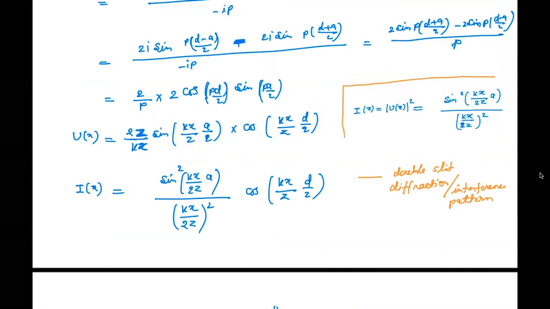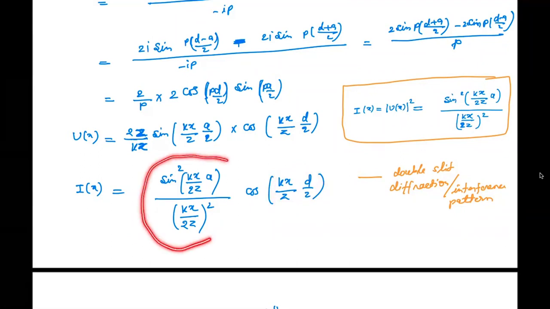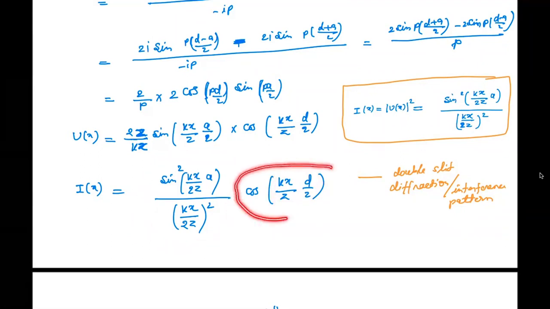This is the expression we had derived for the single slit, and this is the expression we have for the double slit. If you notice, the sine squared of (k x by 2z times a) by (k x by 2z), whole squared, is the same expression as we have over here. But in the double slit, we have this extra term, which is cosine of k x by z times d by 2. So this is the diffraction pattern we already have, and in addition, we have this cosine term with a d dependence. This has a d dependence, no a dependence. This has an a dependence, no d dependence.